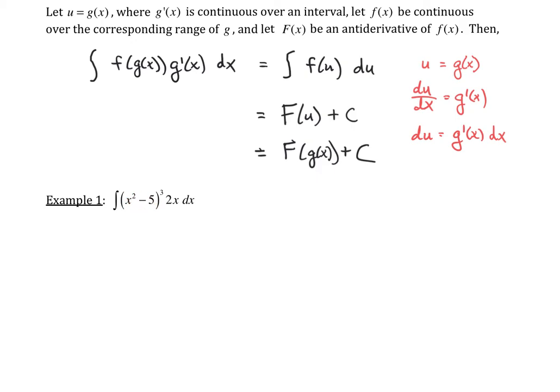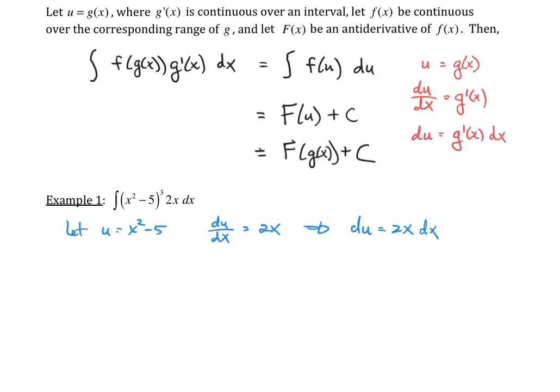So let's try this. We're going to let u be equal to x squared minus 5. Then when I take the derivative of both sides, I get du dx equal to 2x. And that means if I solve for du, I get du equal to 2x dx.